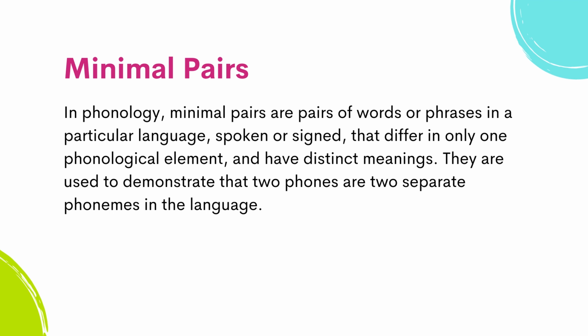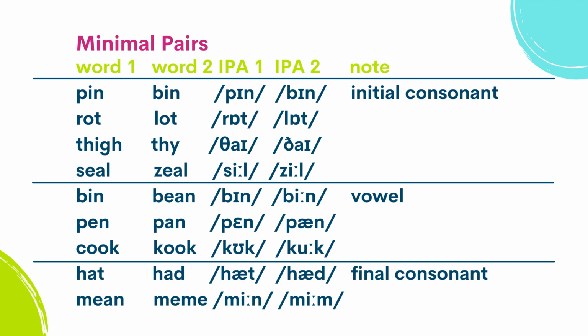So let's see the table of minimal pairs. This is just an example. There are many other words that are similar. In this table, we see word 1, word 2, and then IPA 1, IPA 2. IPA is the International Phonetic Alphabet, which is used internationally to write phonemic transcription.